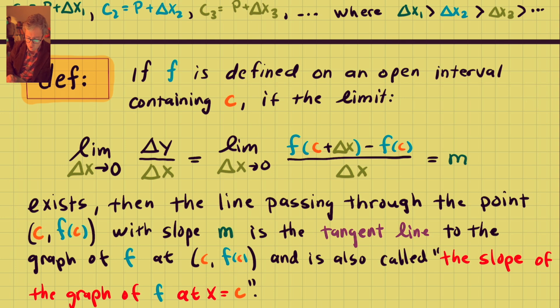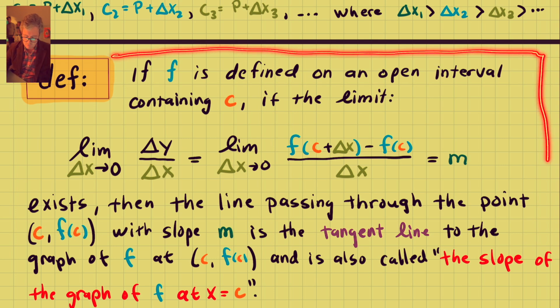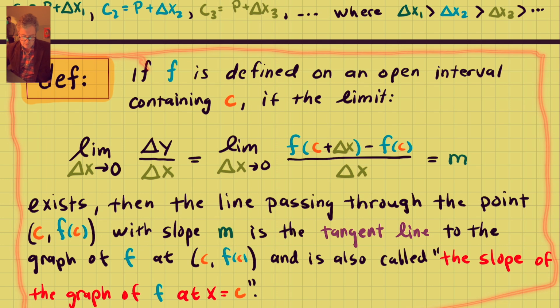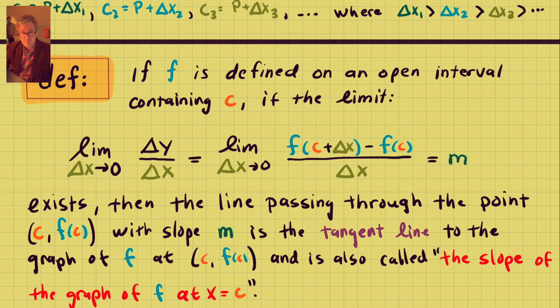Okay, and it is also called the slope of the graph of f at x equals c. So this is the definition of the tangent line to the graph of f.